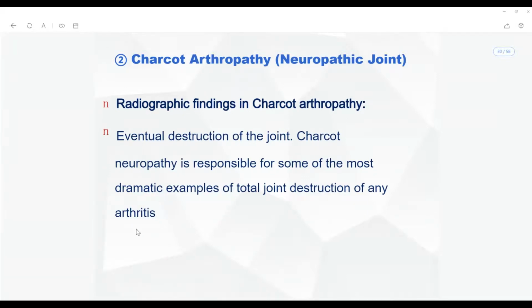Can somebody tell me, is there any other clinical condition in which you will see Charcot joints? I think I told you before, but I don't know if you can remember it or not.